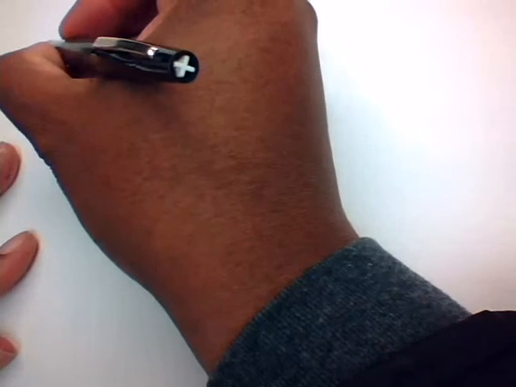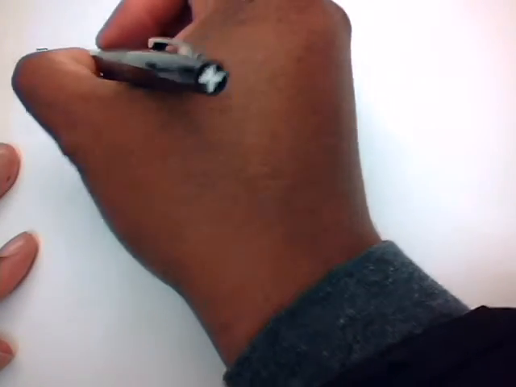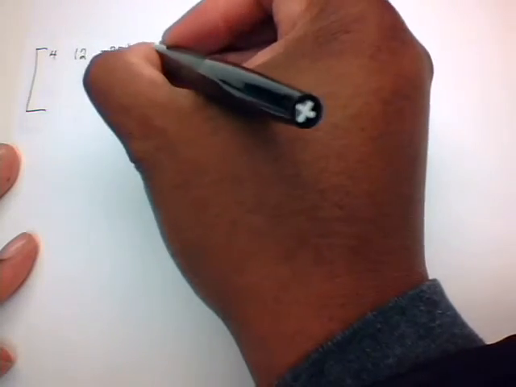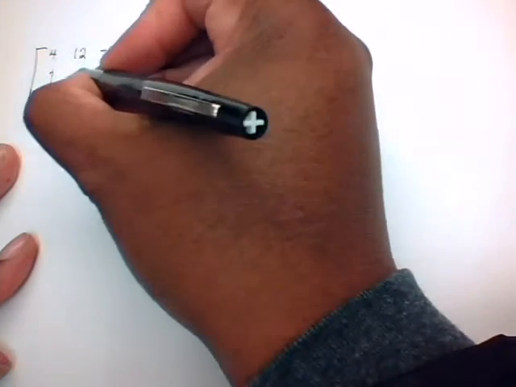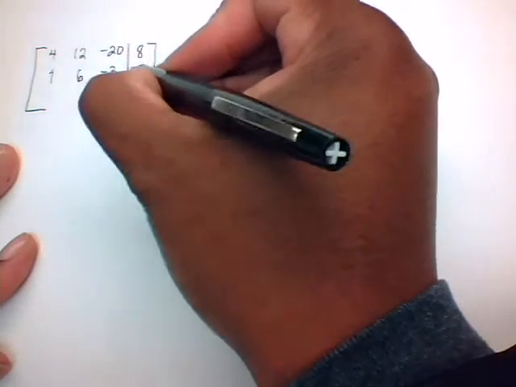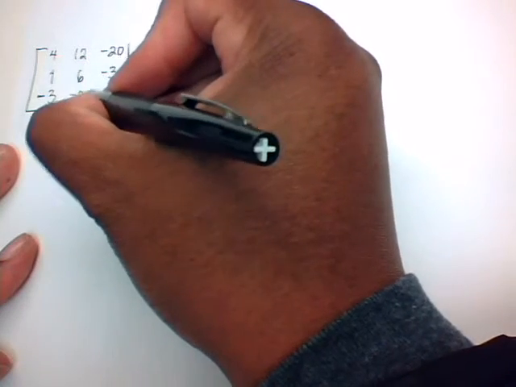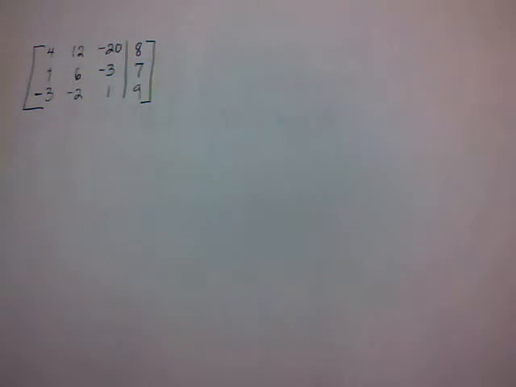The matrix that we're looking at is this. You've got 4, 12, negative 20, and then 8, which is on the right side of the vertical bar. Then the next row is 1, 6, negative 3, 7, and then negative 3, negative 2, 1, and 9. Okay, that's your matrix here.